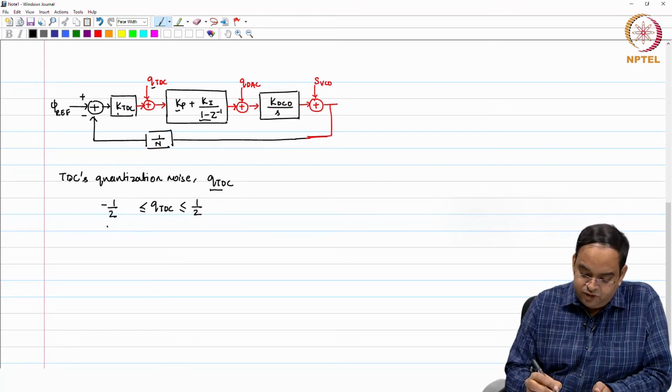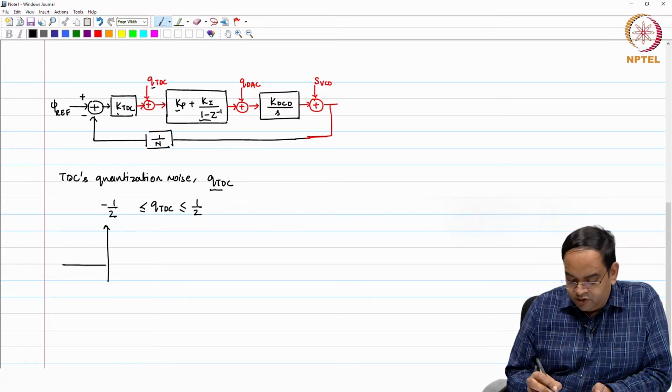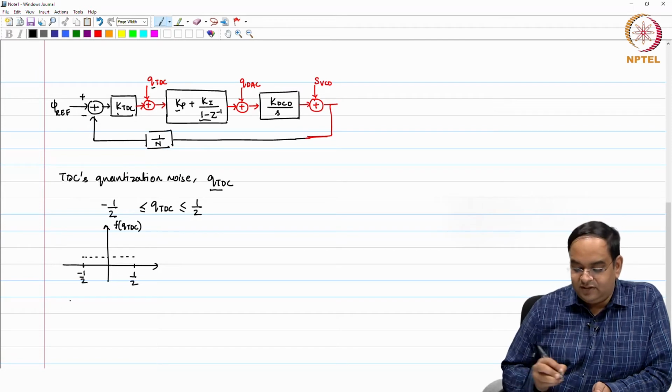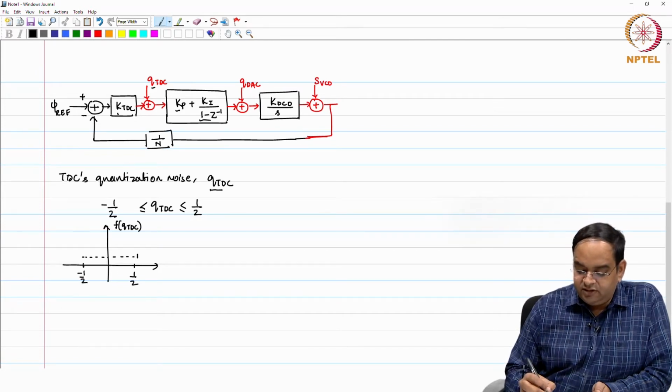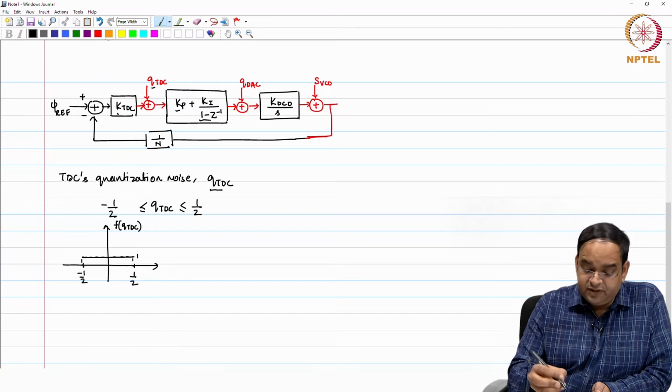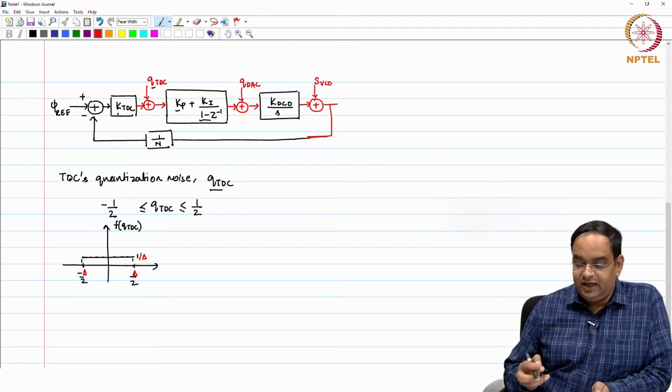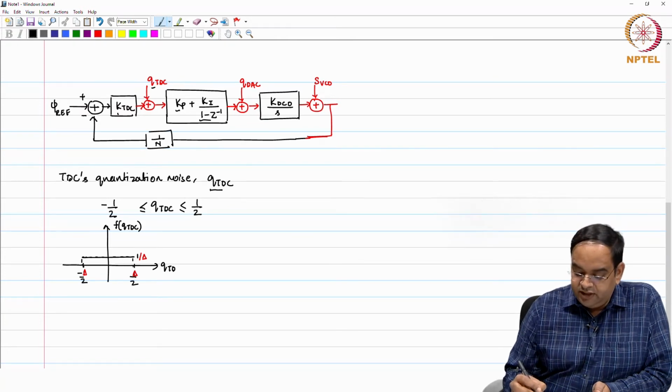So, the probability distribution function of your QTDC is uniform between minus half and half. And if this happens to be from minus delta by 2 to delta by 2, then what you have is 1 by delta. That is the density of the quantization noise.